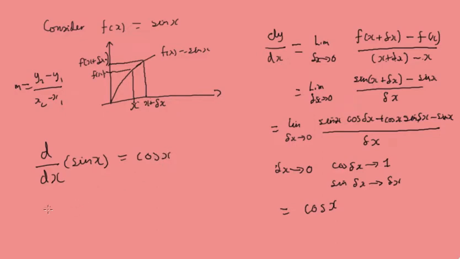Now we can do the derivative of cosine x. Now we could do exactly the same argument, and what you would end up having is minus sine x.